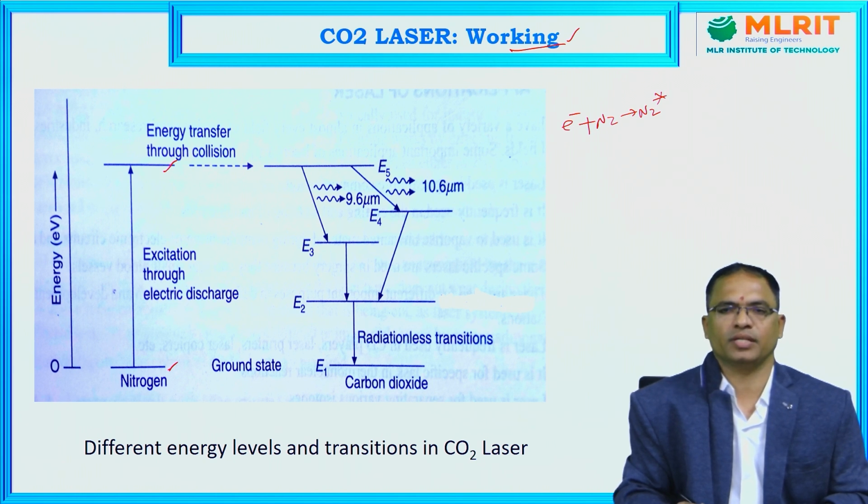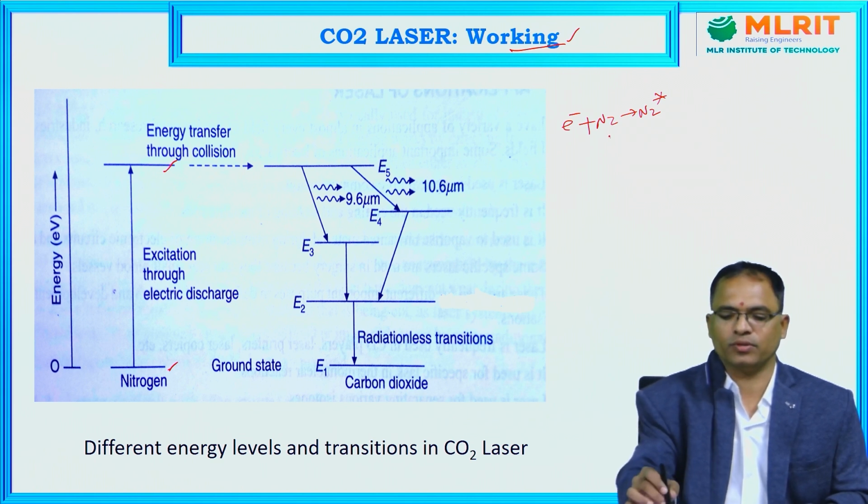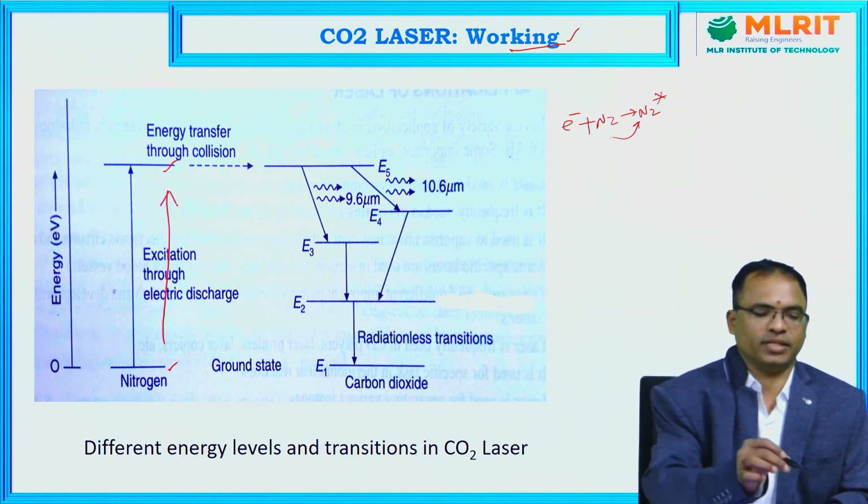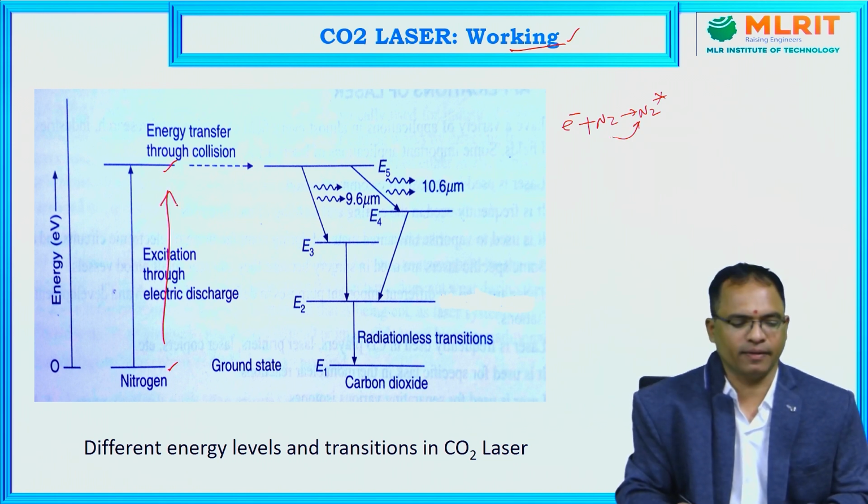When we initiate the discharge in the discharge tube, electrons move from cathode to anode. On their way, they collide with nitrogen molecules so that the nitrogen molecules are sent into the excited state from the ground state. Now what do these excited nitrogen molecules do? There is a special process called resonance energy transfer.